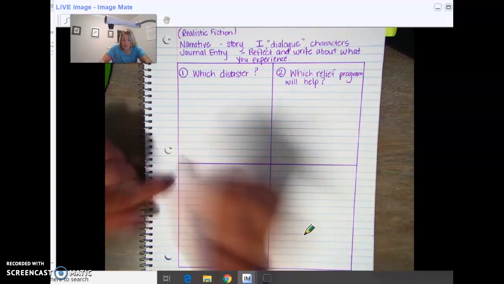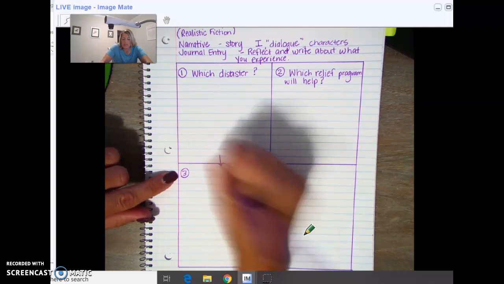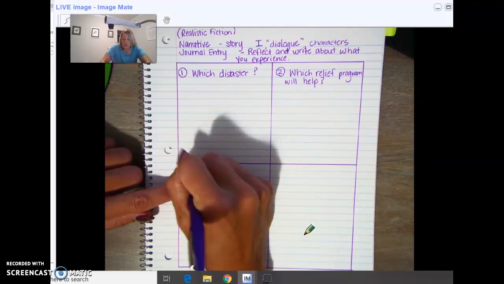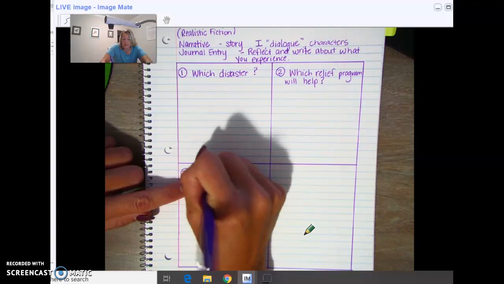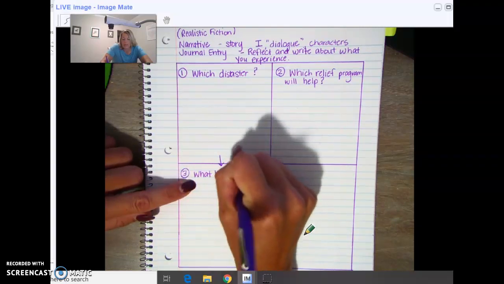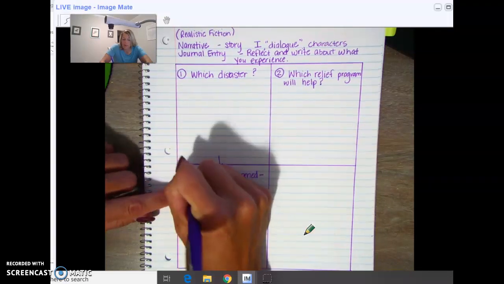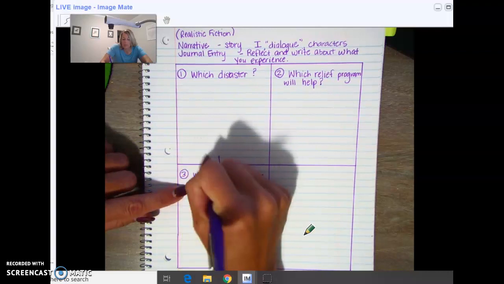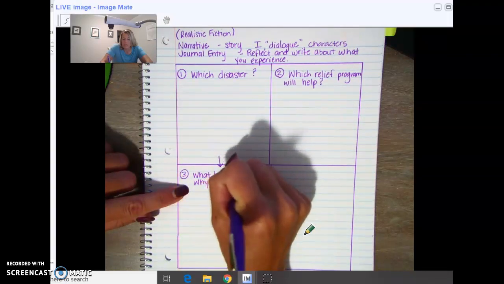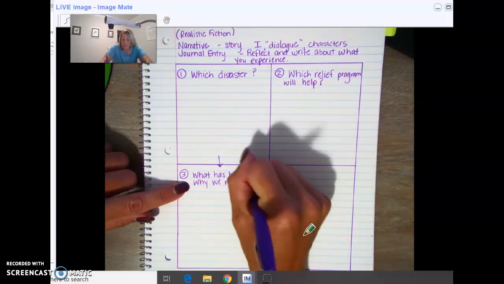Why do we need help? So we're going to want to make sure that this disaster is followed by details about what has happened and like why we need help. Because we really want our readers to be able to visualize what's gone on, why we need help.